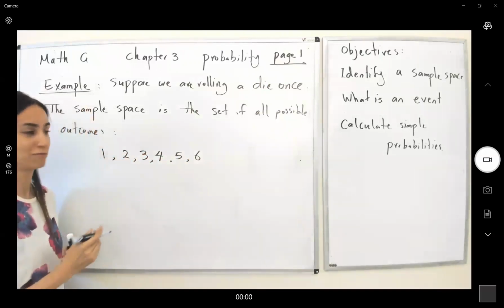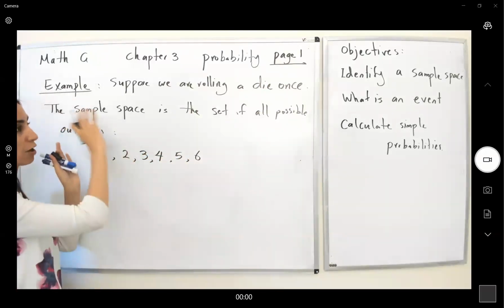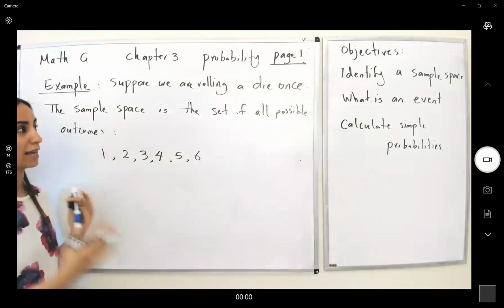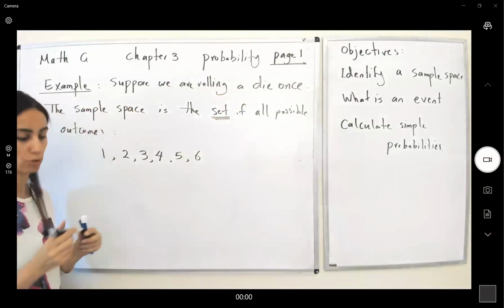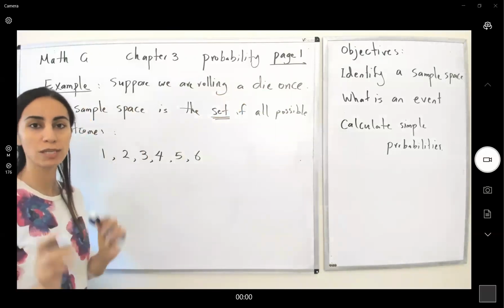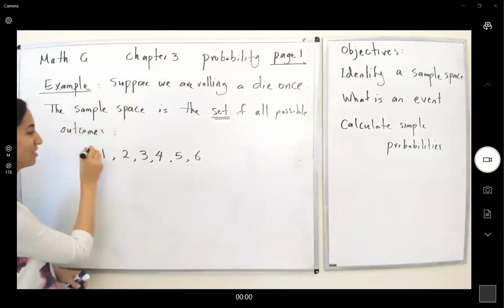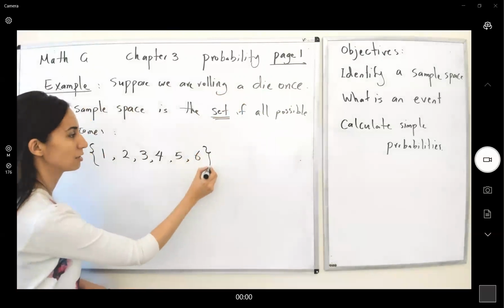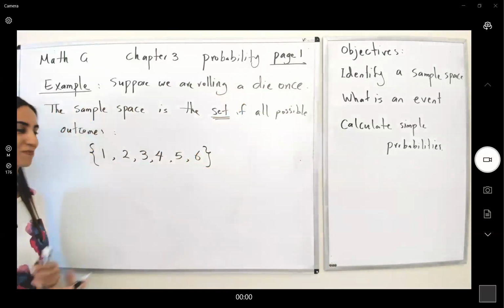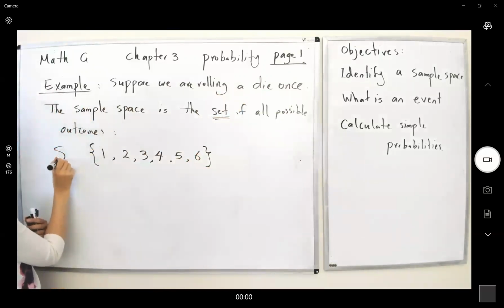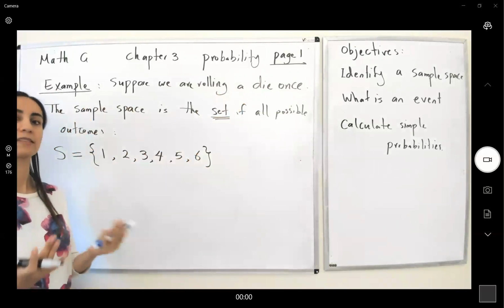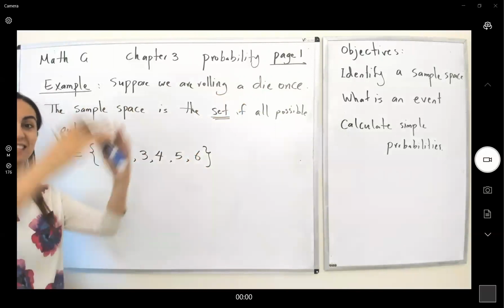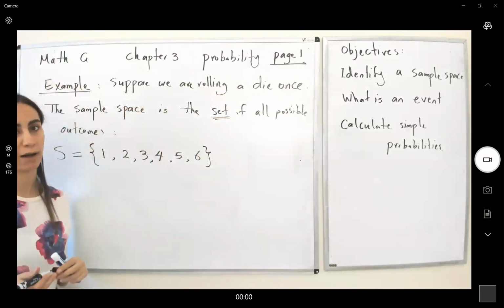You never know. Note that since we are forming a sample space, and sample space is the set of all possible outcomes, we have to use set notation, curly brackets. And note that we can denote this by S. S is the sample space, the set of all possible outcomes.